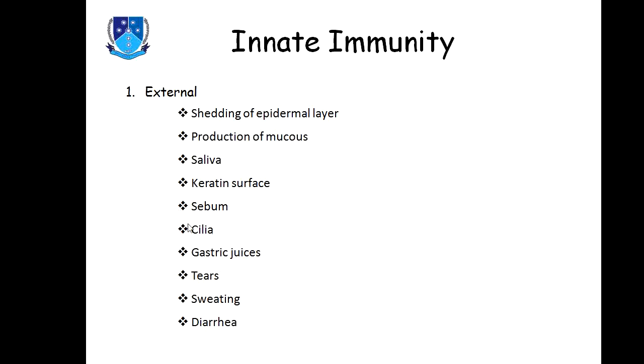The cilia is present inside various epithelial layers. For example, the ciliated epithelium is present inside the respiratory canal, inside the trachea, inside the bronchus. So this cilia is in continuous motion.